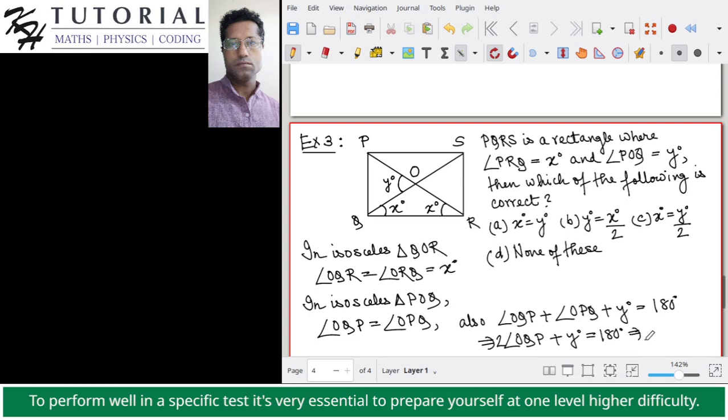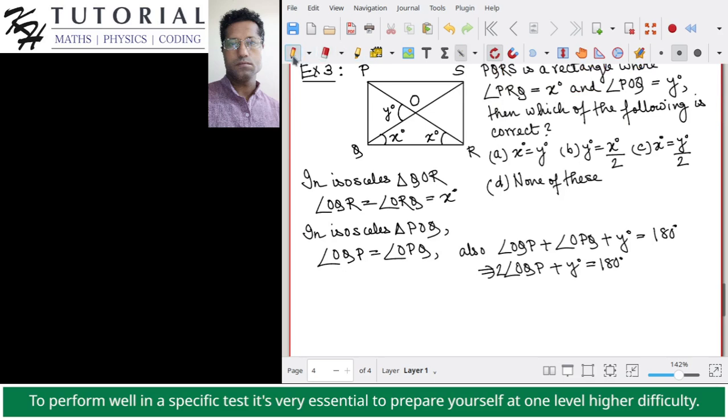This implies angle OQP will be equal to 180 degree minus y degree divided by 2. So, angle OQP is (180 degree minus y degree) by 2.